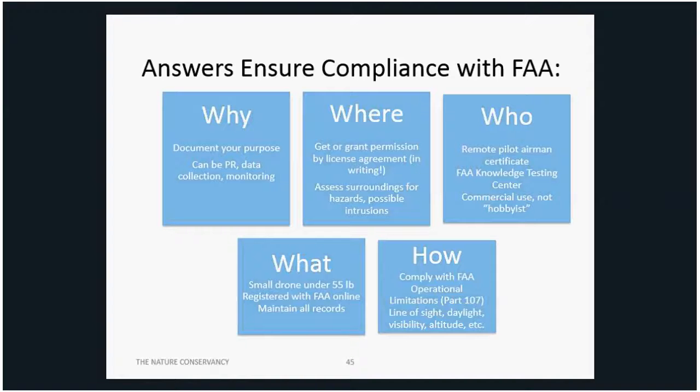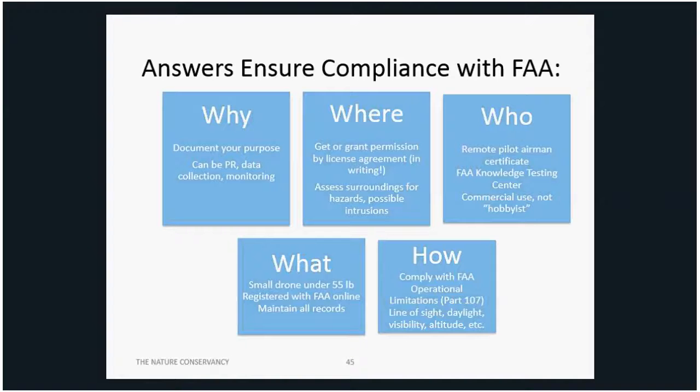Also, we've been advised by our attorneys that it's better to use an off-the-shelf product because that's a product that's known by the FAA and has been minimally approved. When we start doing too much modifying on our own, we will at some point need to document those modifications when we register our drones.